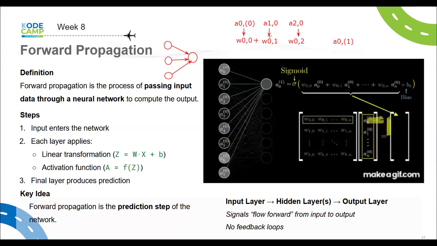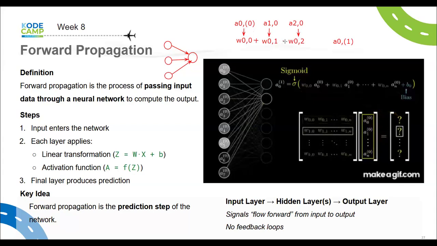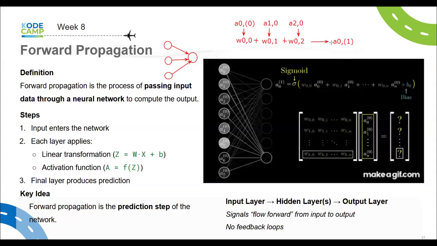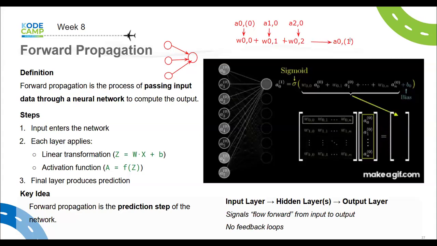A0 times W00 plus A1 times W01 plus A2 times W02. And that answer is what will form O1. Of course, you pass it through the activation function.